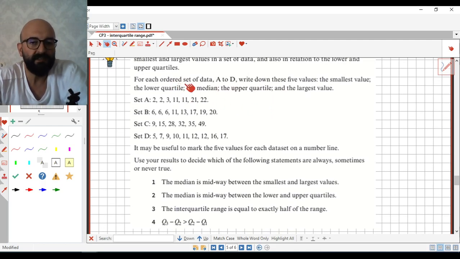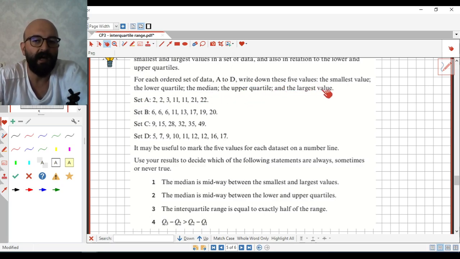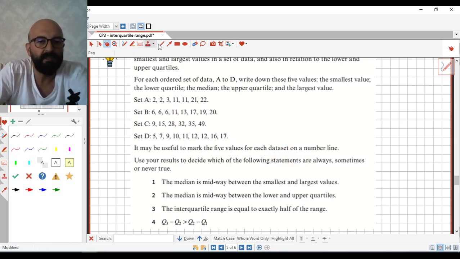For each ordered set of data A to D, write down these five values: the smallest value, the lower quartile, the median, the upper quartile, and the largest value. We have four sets grouped. It may be useful to mark the five values for each data set on a number line.